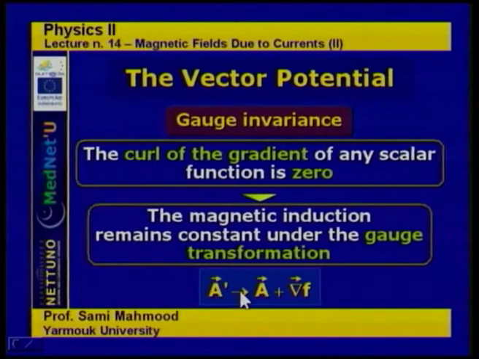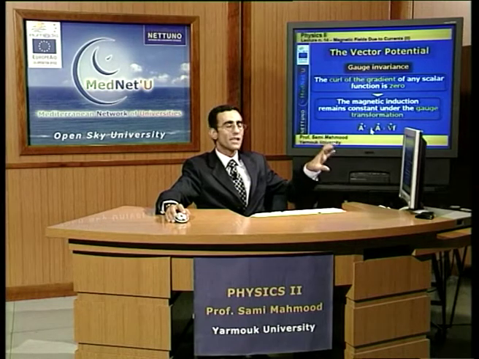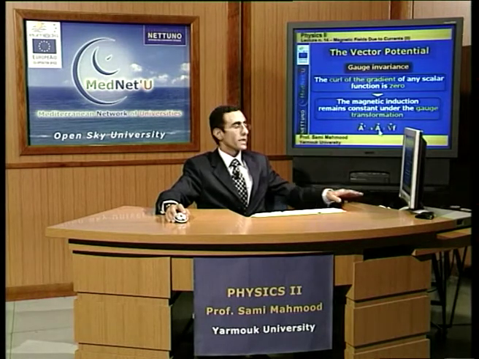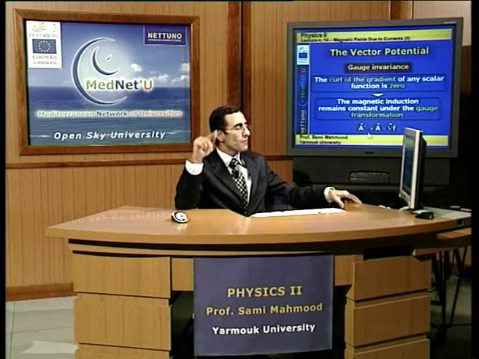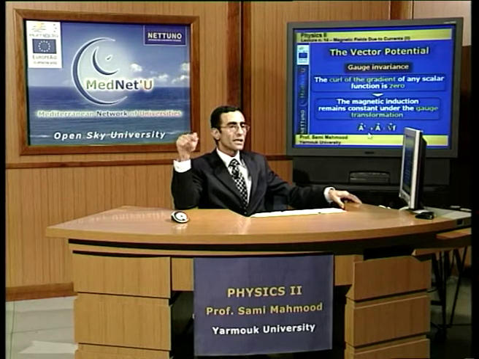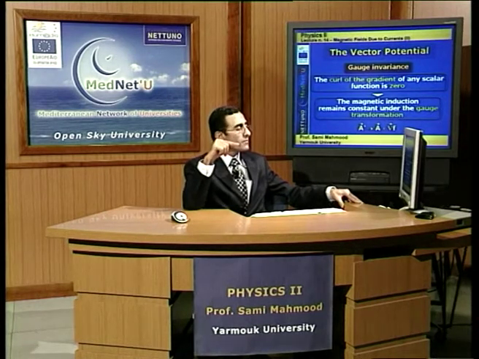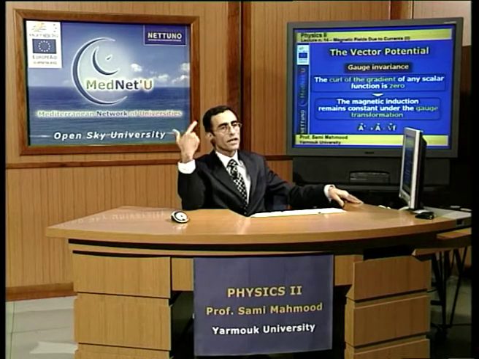What we care about is the magnetic induction. That is the strength of the magnetic field in space that we are considering. A is a mathematical formulation only, used to calculate the magnetic induction. So if we make that transformation, A prime going to A plus gradient of a scalar function, the curl of A prime is equal to the curl of A plus the curl of the gradient of f.